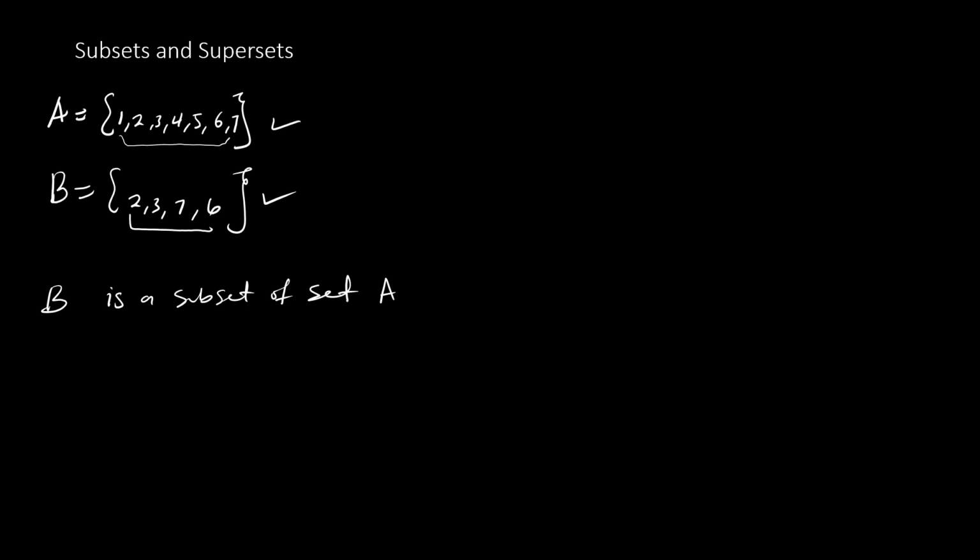So how do we represent subset? We represent subset by using a symbol. It looks like C, but it's not C, just like a curve. So with the present condition, we can say that set B is a subset of set A. We simply write B is a subset of A. And if this is the case, set A here we refer to as the superset.